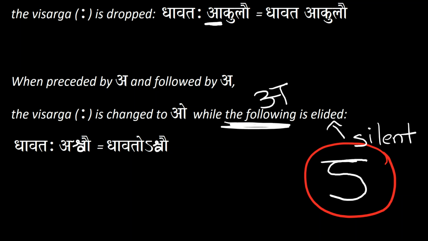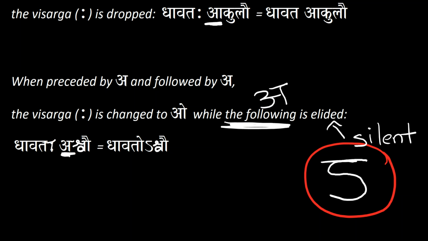Where this elided sign was, it shows you that there was an A there. So let's say if I have the sentence and I want to translate it, I could replace that sign with the A and then I would know that it came from the word ashwau. So this Visarga, okay, is preceded by the A in dhavata, and then it's followed by the A in ashwau.